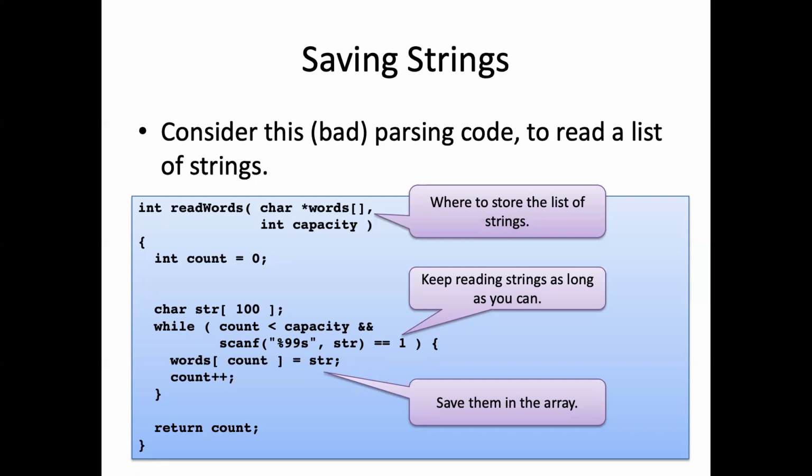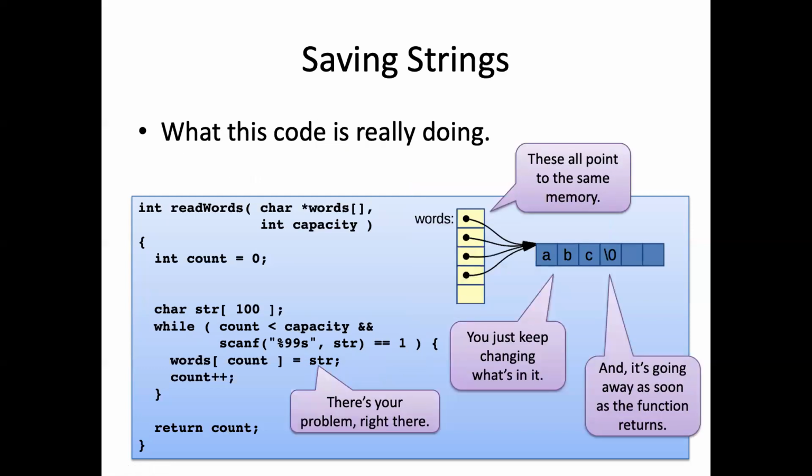It probably doesn't work the way you want it to, and I wanted to make that point. To help with this, I made a little picture that shows what this function is really going to do. So you call this function, you give it an array of pointers, and your plan is each of those pointers is going to point to a word.